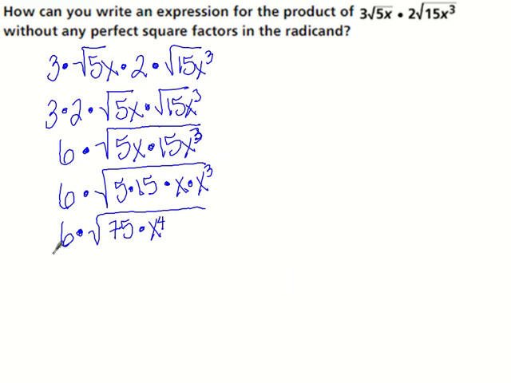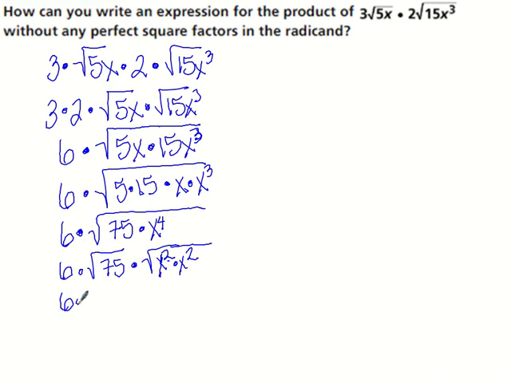So I'm going to now break them apart. I'm going to go 6 times the square root of 75 times the square root of x squared times x squared, because that's x to the 4th, right? 1, 2, 3, 4. I need to break up 75 into perfect squares.